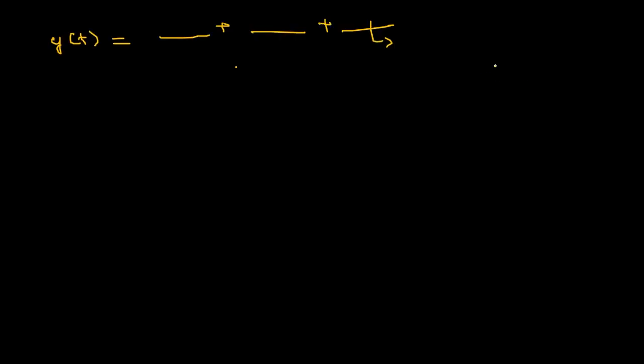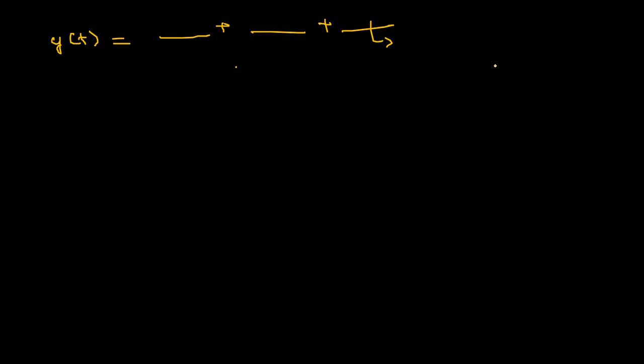Just to recap, we've learned five system properties. Memory, that is whether it depends on past or present. Linear, that is if the transform of the sum of inputs is equal to the sum of the individual transforms of the inputs. Then time variant or invariant, which is whether the delay in the input signal is the same as the delay in the output signal.